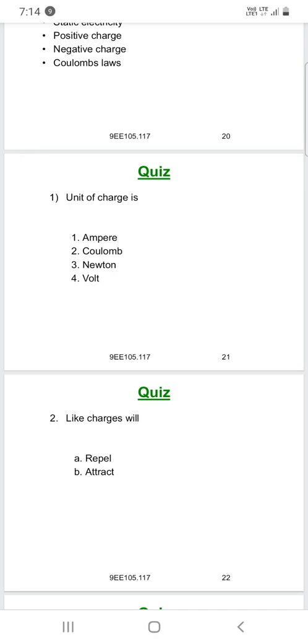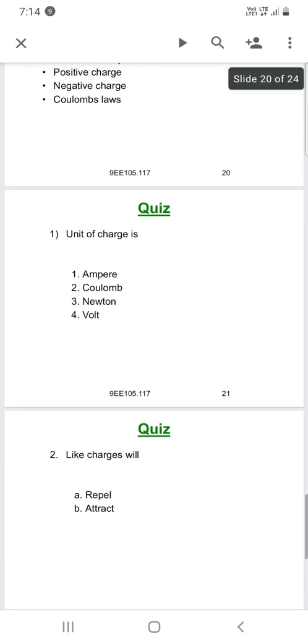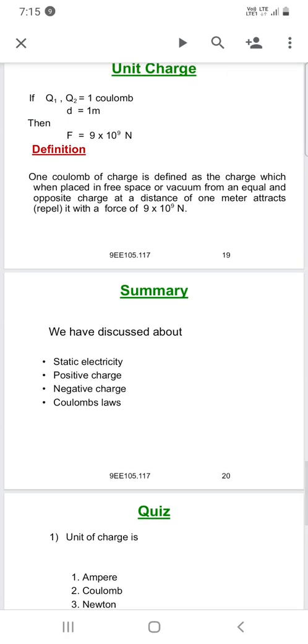Some quiz questions are given here. The first question: the unit of charge is option A ampere, option B coulombs, option C Newton, and option D volts.